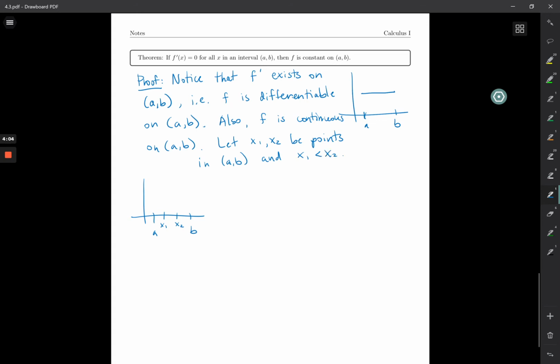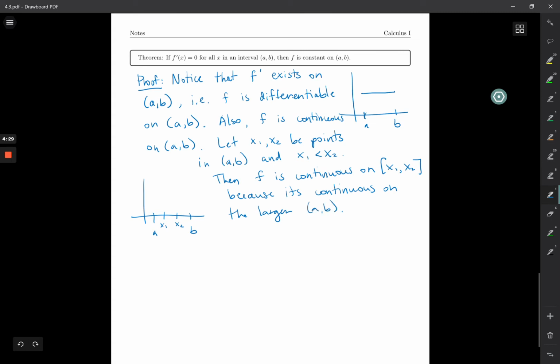Okay, then we can say f is continuous on the closed interval from x1 to x2 because it's continuous on the larger interval a to b, which contains this one.